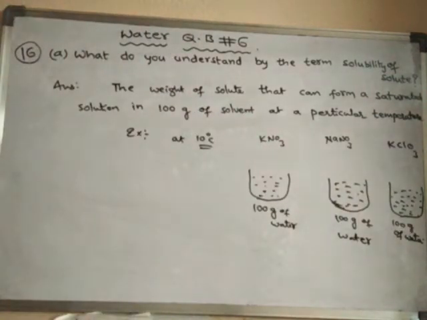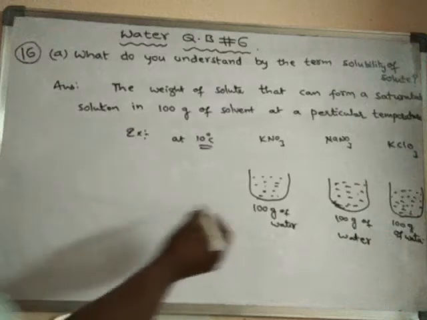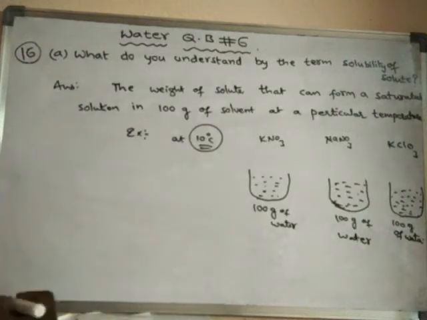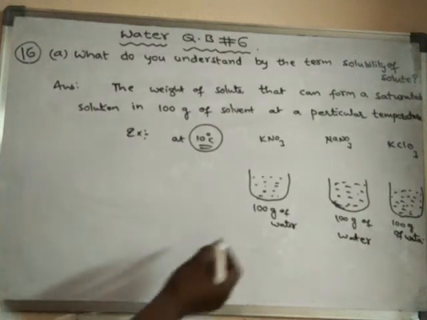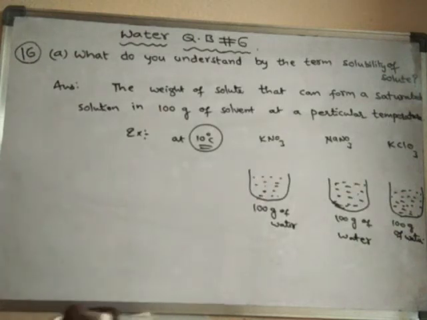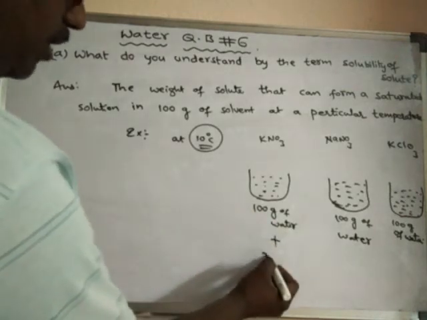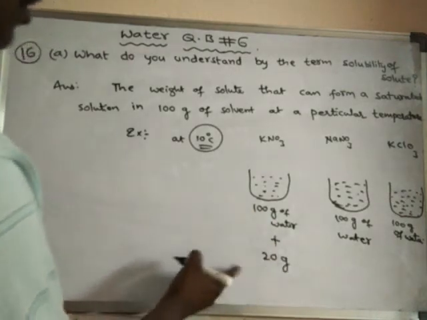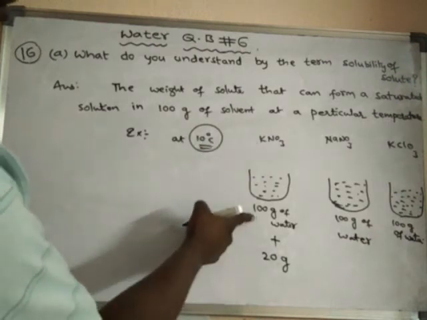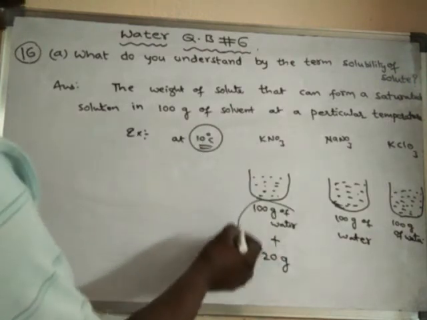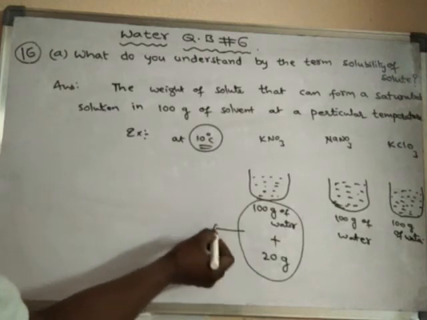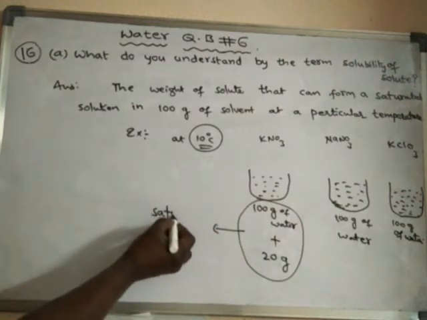At 10 degrees centigrade, if I add 20 grams of potassium nitrate into 100 grams of water, it will form a saturated solution.